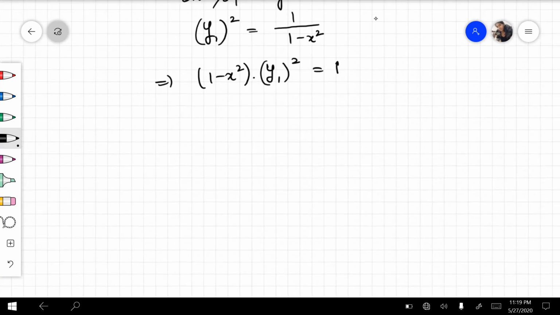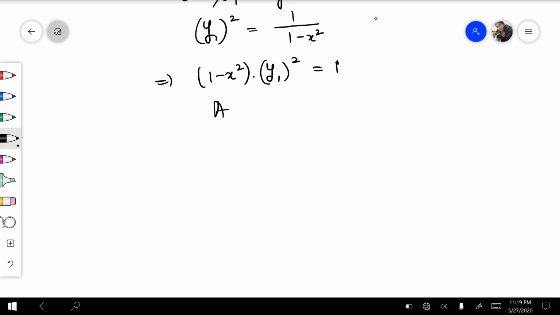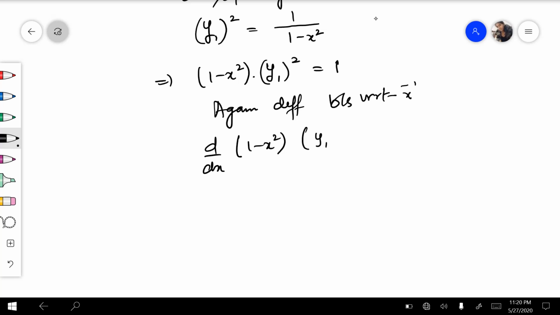Again differentiate both sides with respect to x. So d by dx of 1 minus x square into y1 square is equal to d by dx of 1.